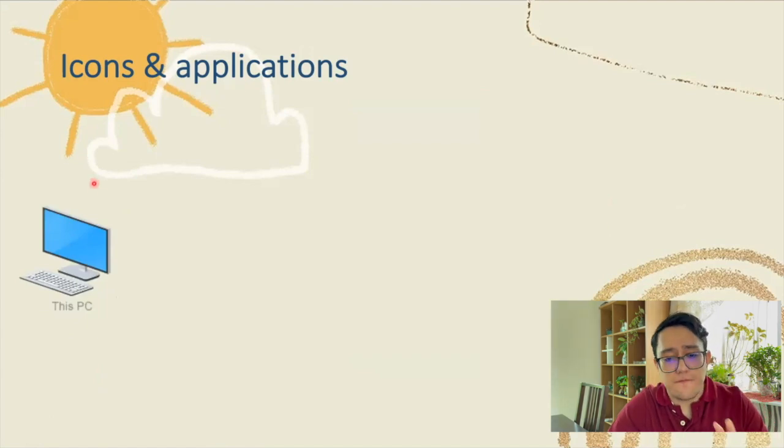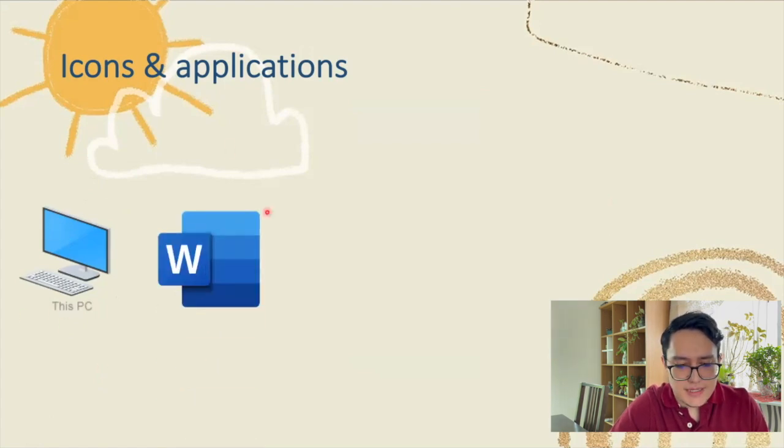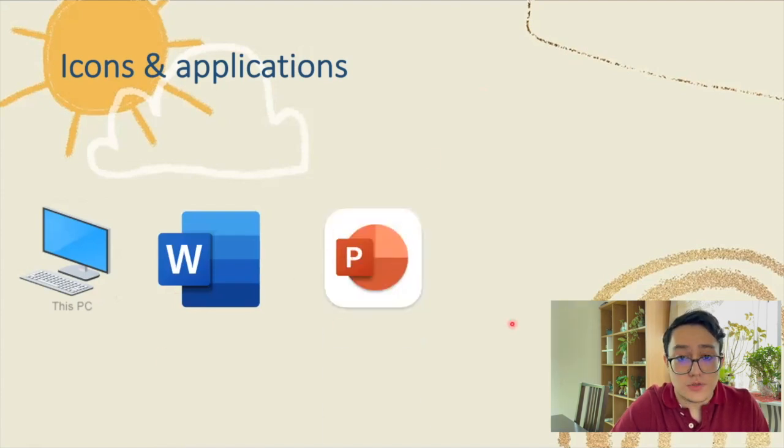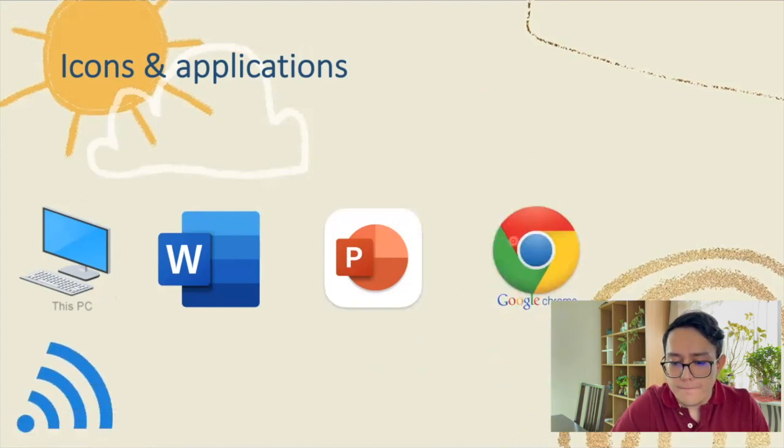Some of the famous ones that you will have on your computer are This PC, Word, PowerPoint. I'm using PowerPoint to teach you right now. Google Chrome. Using Google Chrome, you can search online.